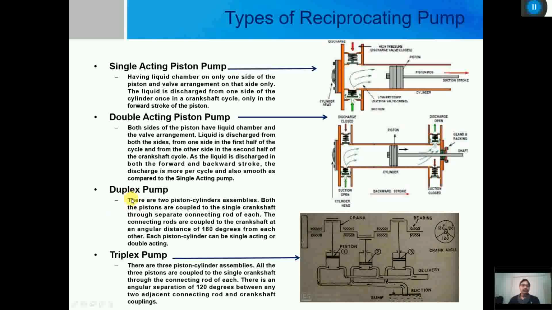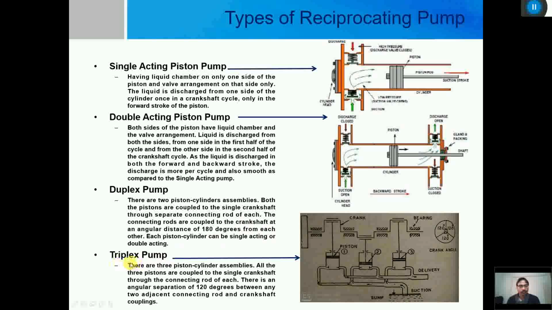Now the next one is the duplex pump. Duplex pump is again a two cylinder piston assembly, where both of the pistons are connected by a single crank, and those cranks are 180 degrees apart. Later on we will discuss it.